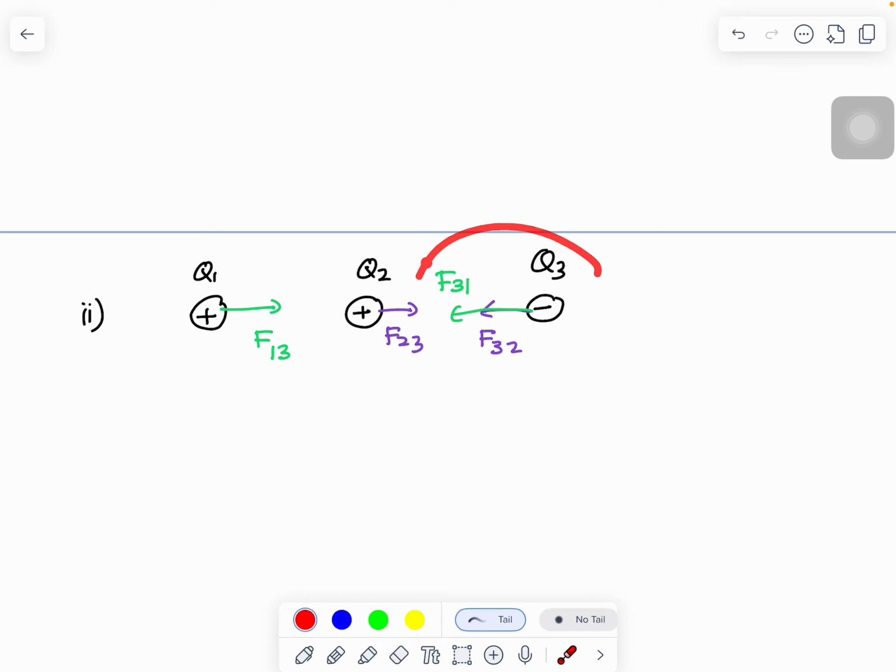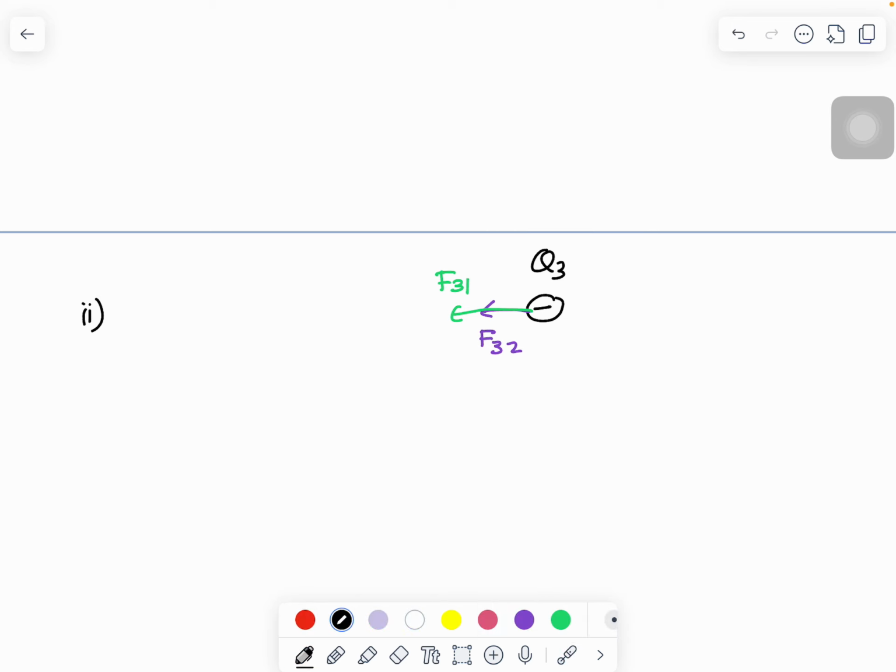And again, since our focus is on Q3, so yang dua ni kita boleh padam. Okay, we don't need this, we only need this diagram. Okay, so we want to find the sum of F3. Okay, kita ada F31 dan F32, dua-dua pergi kiri, so it will be negative F31 plus negative F32.